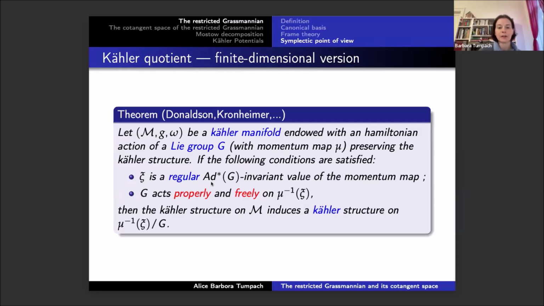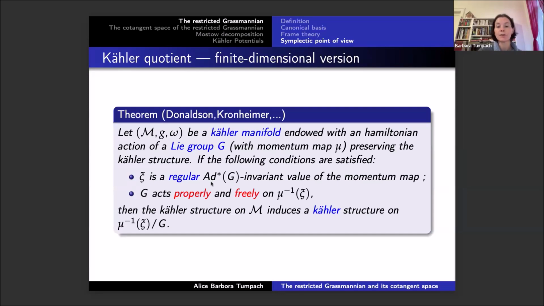We start with a Kähler manifold endowed with a Hamiltonian action of a Lie group G, so with a given moment map, which I call mu. The group is supposed to preserve the Kähler structure, and also we take a regular, co-adjoint invariant value of the moment map.